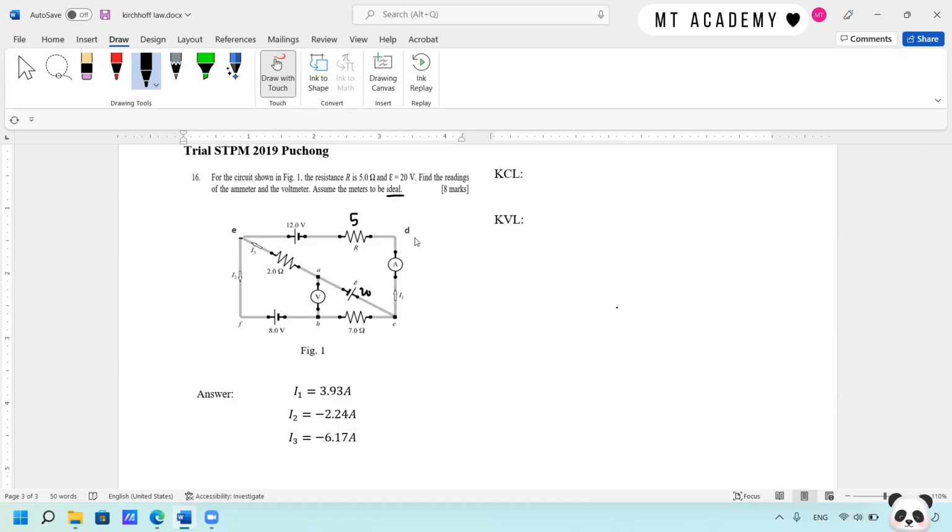So what is ideal? We have learned how to build the ammeter and voltmeter using a galvanometer and a resistor during topic 15.3. You need to recall that so you can understand why the meter is ideal. Let's talk about the ammeter. An ammeter is built by a galvanometer connected in parallel with a shunt resistor.